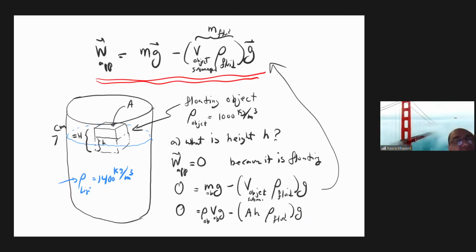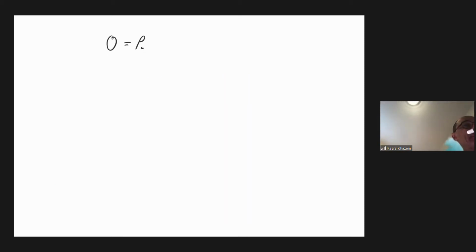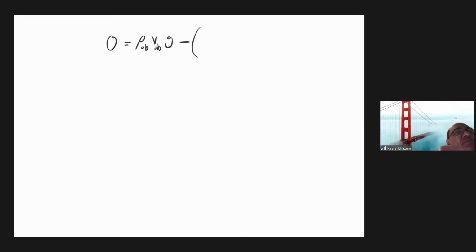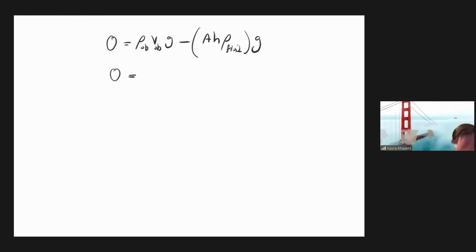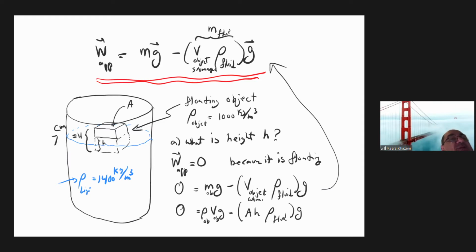Let me write this down again. Rho object, V object, g, minus rho fluid, V submerged, g. Now to go back to the drawing, the total volume of the object, which we need to find the total weight and total mass, is just capital H times area.